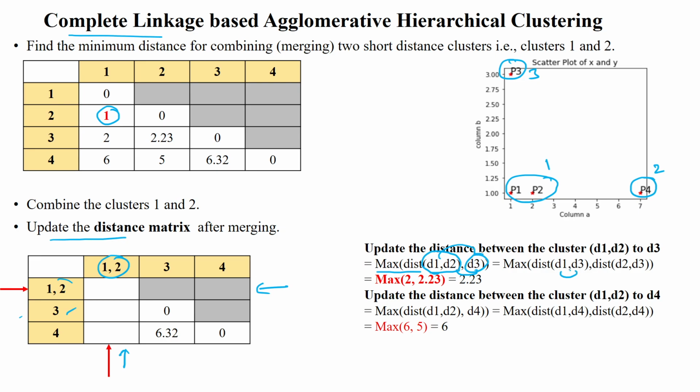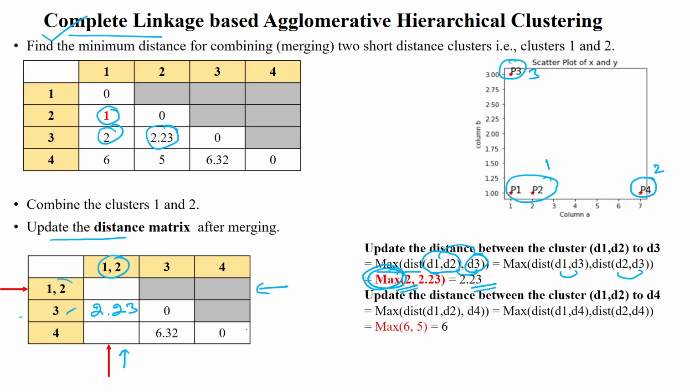Now d1,d3 is 2, that is written here, and d2,d3 is 2.23. We have to consider the maximum value because of complete linkage. The maximum value is 2.23, so that will be written here for d(1,2),d3.